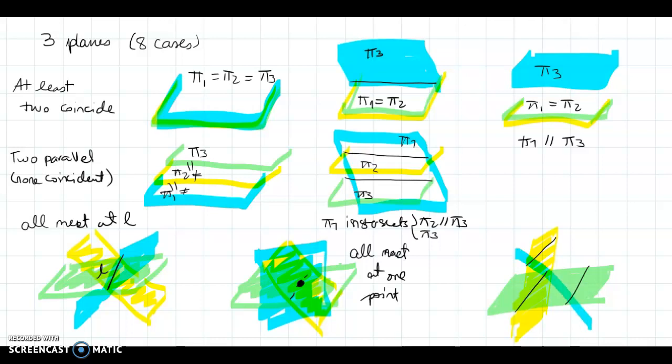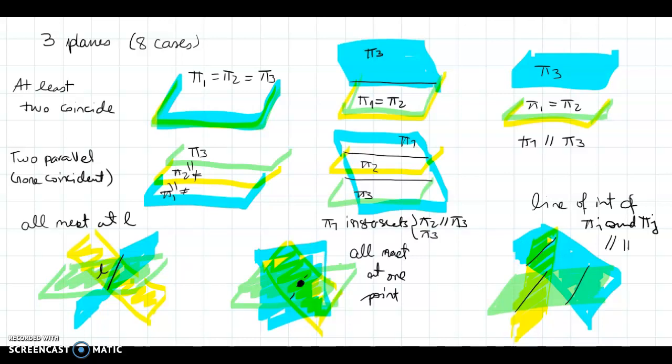Let's see if I can sketch the third one over here. Yeah, so that will be the third case. So the line of intersection of any 2, we call them pi i and pi j, is parallel to the other one, pi k.